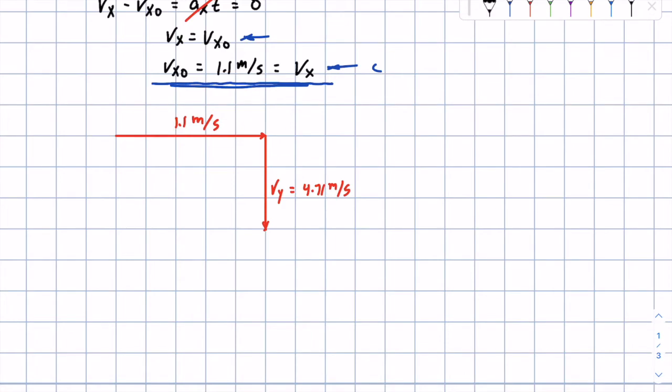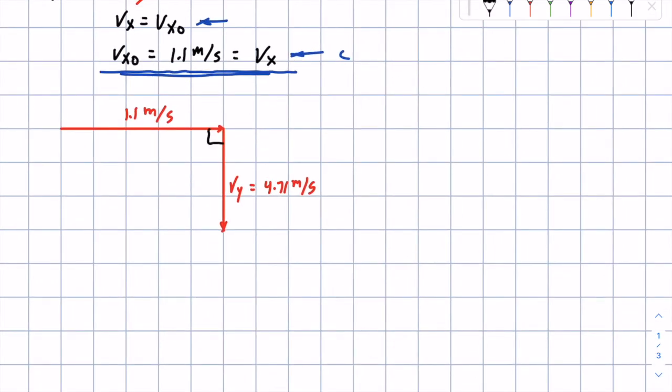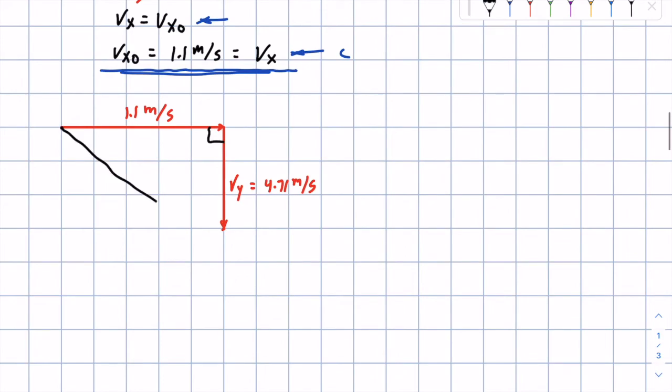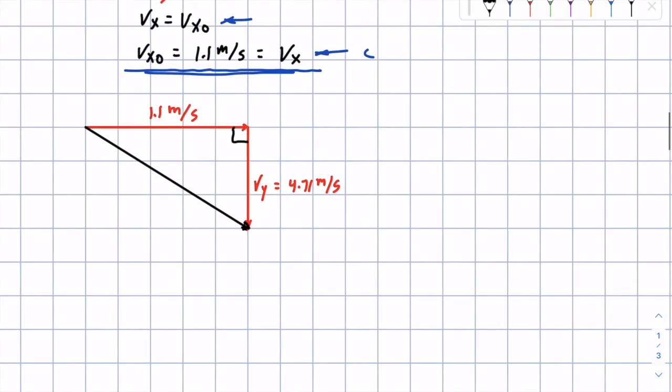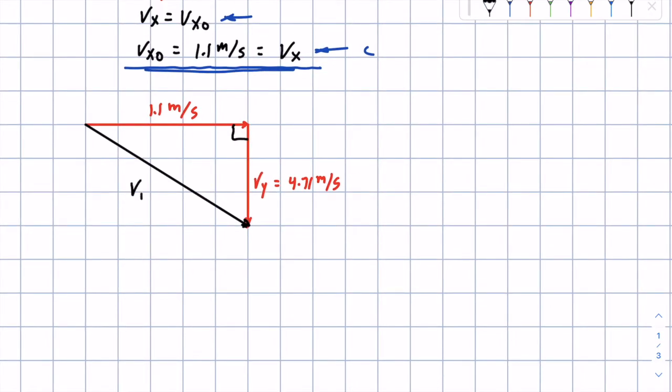And then, because these are a right angle, I can draw this hypotenuse for the velocity components and just call this v final, because this is the magnitude of these two.